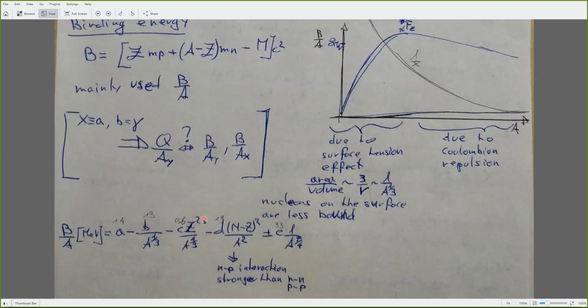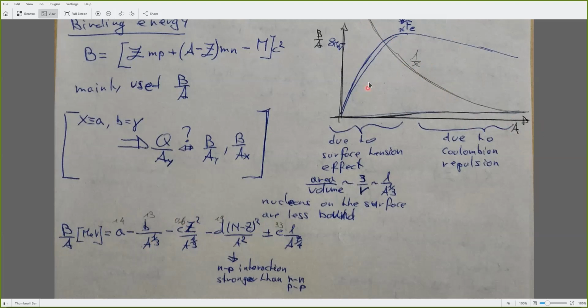Professor, I forgot what this curve here was. Let me show you. This one was showing the behavior of 1 over x, the inverse of the number of nucleons.